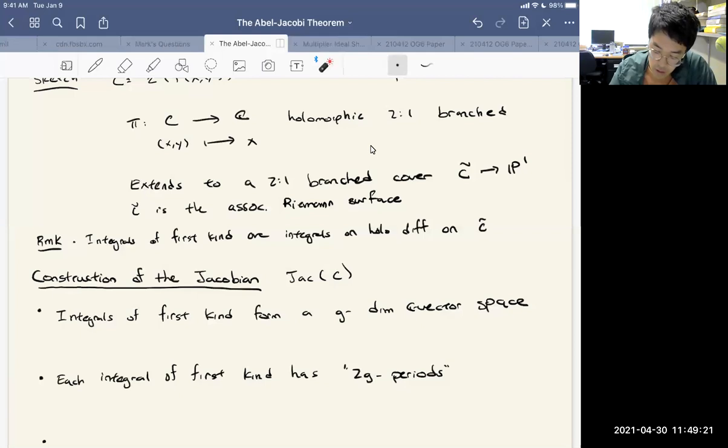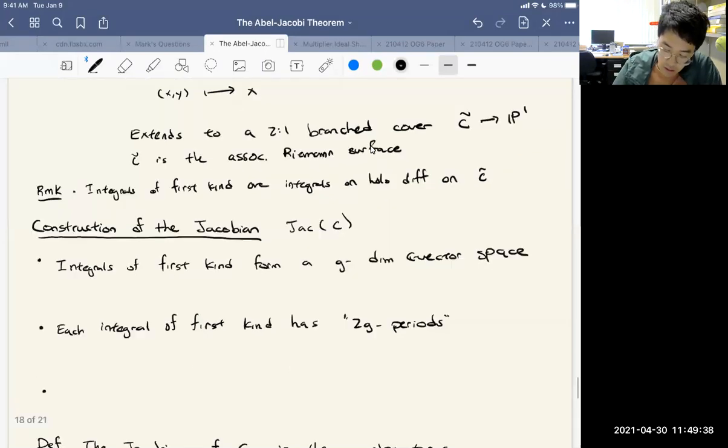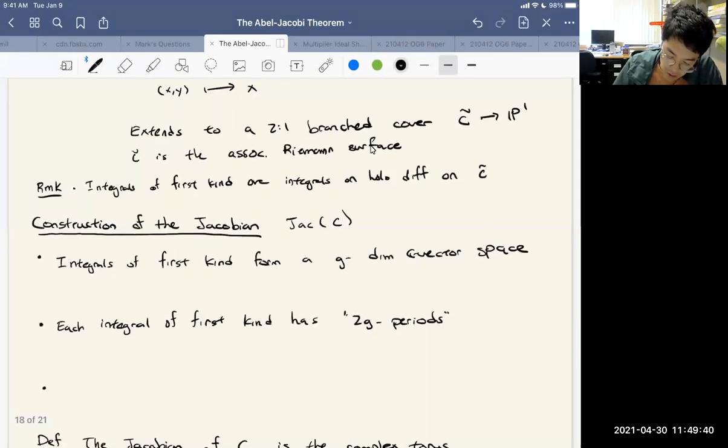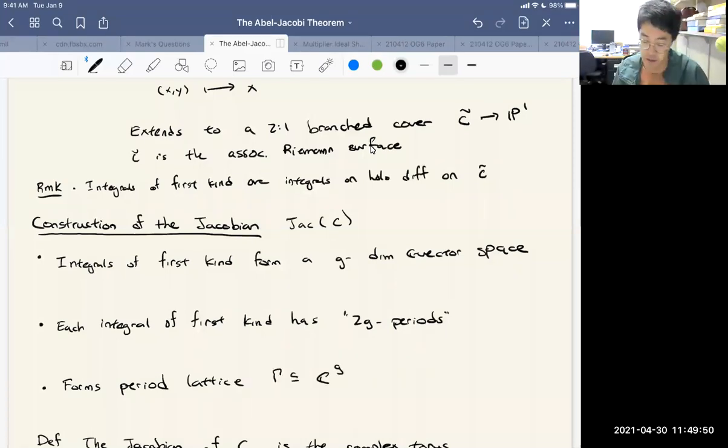So Riemann shows that there are 2g numbers which generate all possible changes in the value of the integral which come from changes in the path of integration. And from this, he forms the period lattice gamma inside of this g-dimensional vector space.